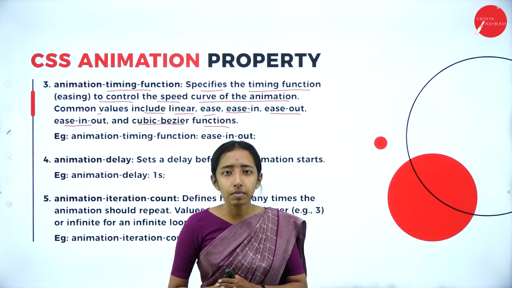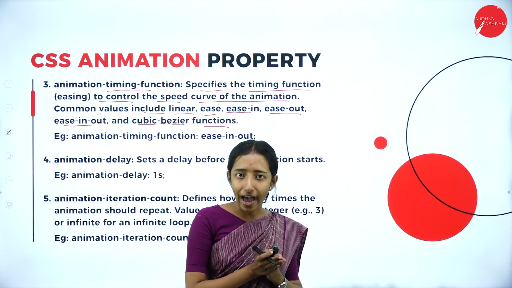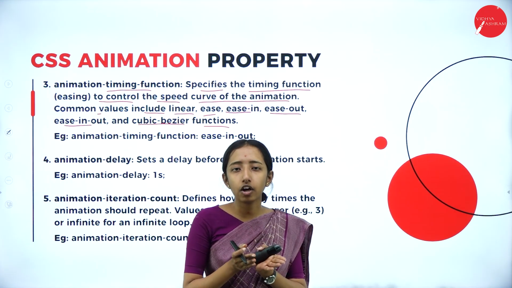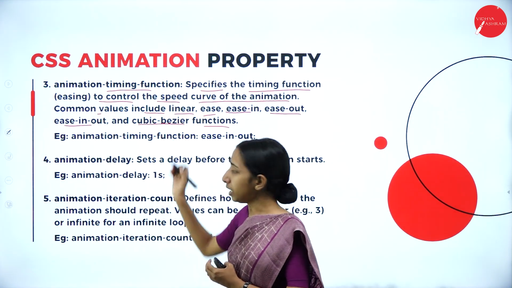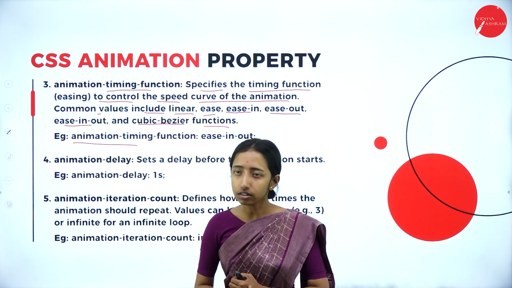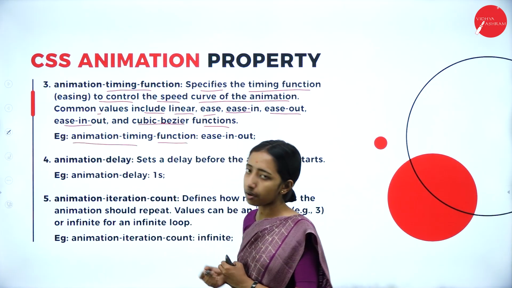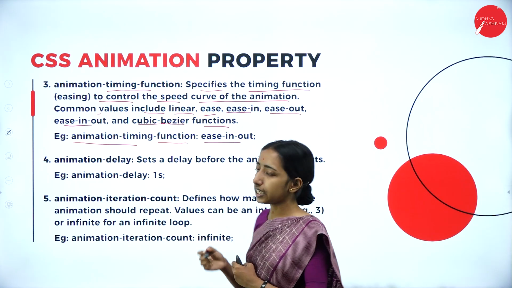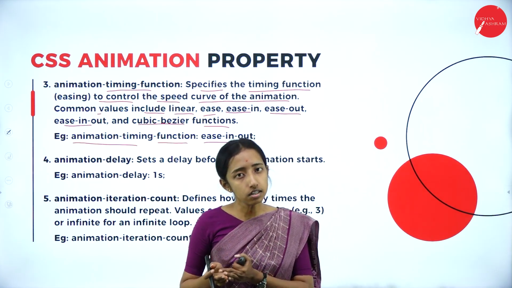These are the timings we use to make the animation slow, fast, linear or cubic Bezier. In the example, I have given the animation timing function ease-in-out, which means slow, fast, slow.